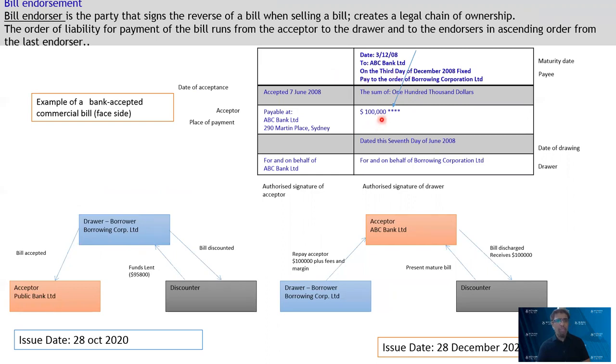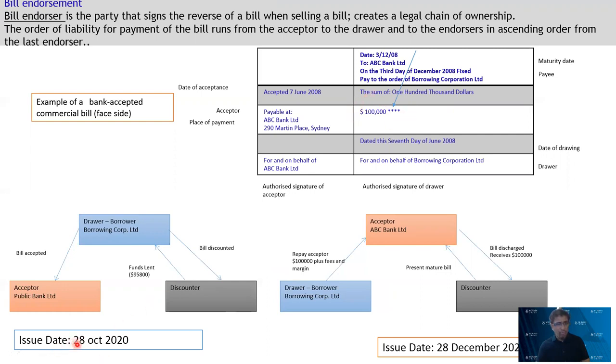Now, this bill, assuming it's for 100,000, they will issue it to somebody else who is the investor. And in this context, we call it the discounter. Now, the discounter will take it now and pay 95,000. Hopefully, he will receive 100,000. He will receive the face value at the end of the contract.